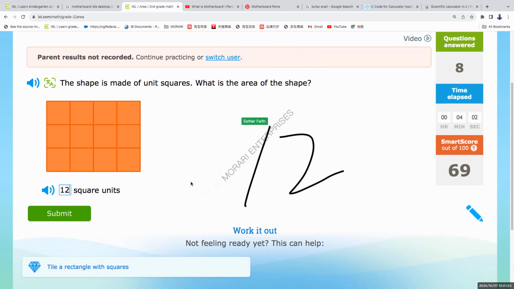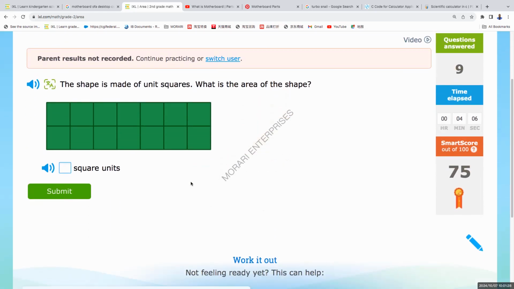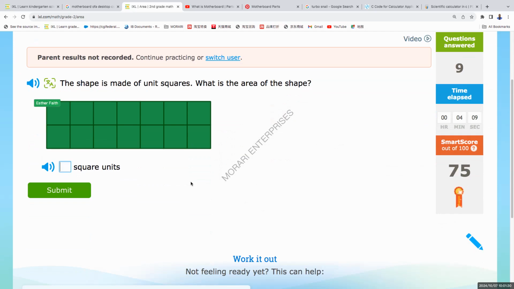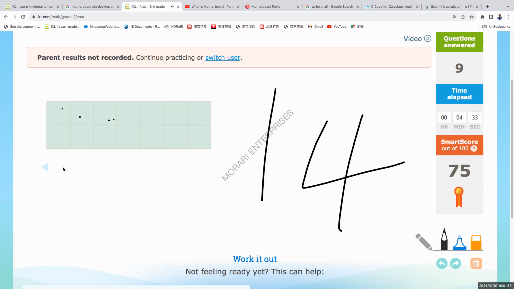Twelve square units. 1, 2, 3, 4, 5, 6, 7. 7 times 2 is 14 square units.